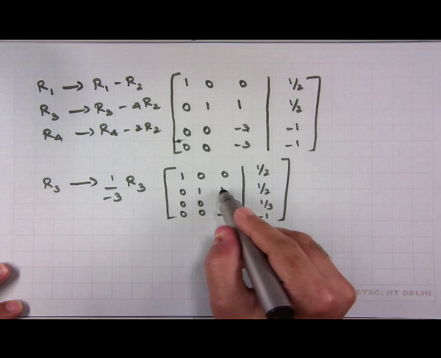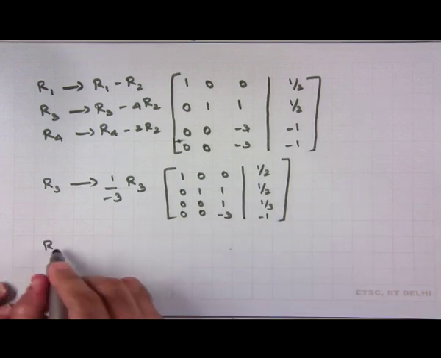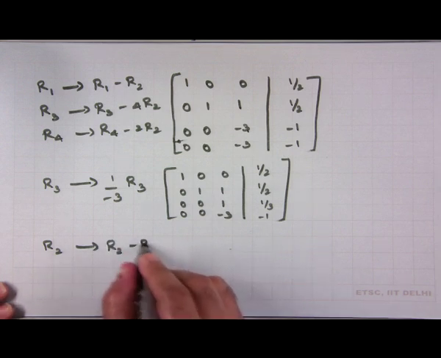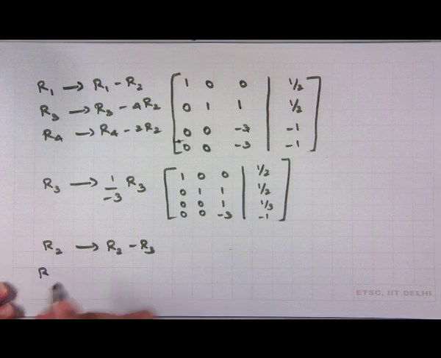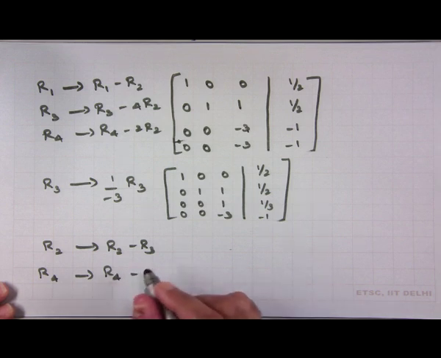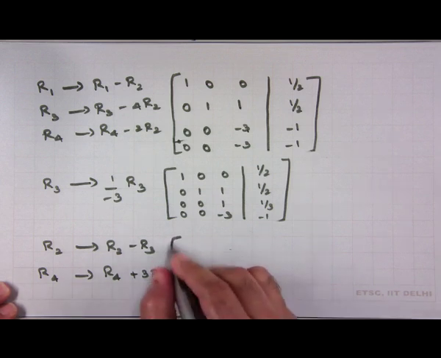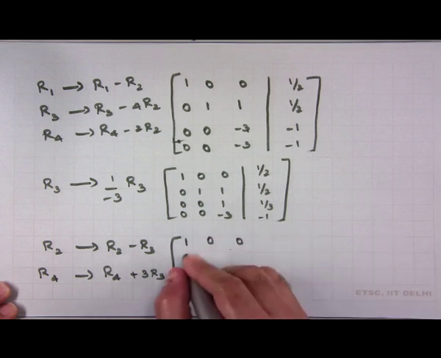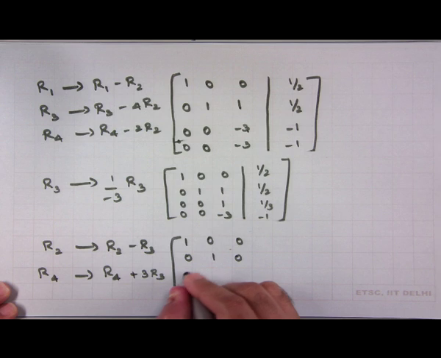Let us convert this 1 and minus 3 into zeros. R2 is replaced by R2 minus R3, and R4 is replaced by R4 plus 3 times R3. 1 0 0, 0 1 0, 0 0 1, and then you will have 0 0 0.